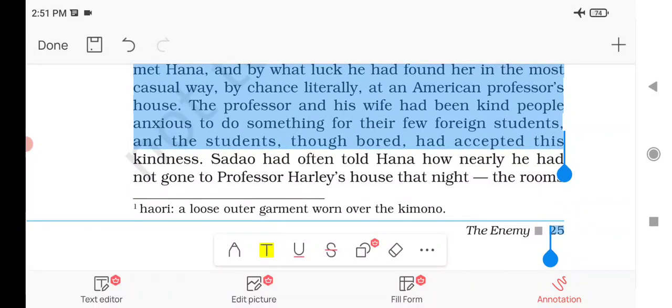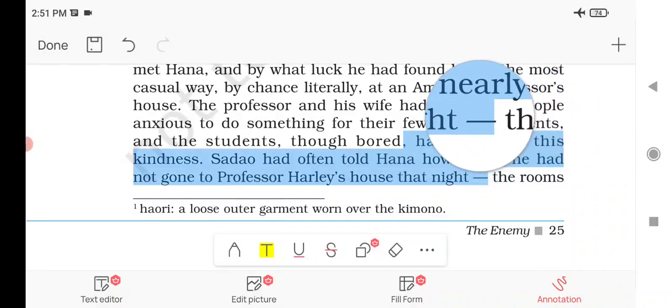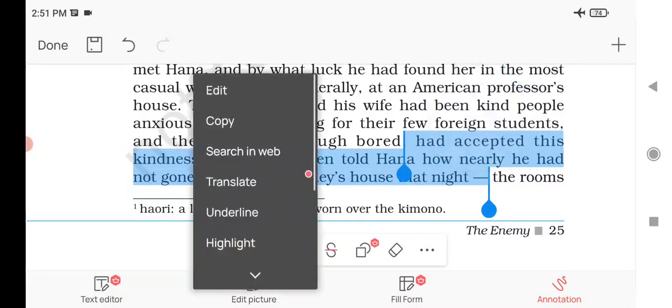Though bored, they accepted their invitation. Sadao had often told Hannah how nearly he had not gone to Professor Harley's house that night. Who was the professor? Professor Harley.